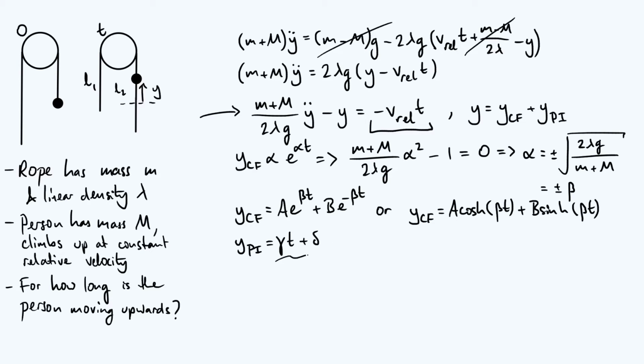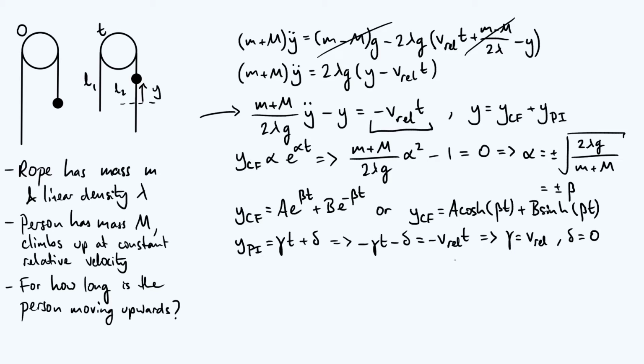So the second derivative of this is just 0, so the y double dot term doesn't contribute anything. Putting that back into your differential equation, you'll get minus gamma t minus delta, because you had a minus y on the left-hand side. That's supposed to be minus vrel t. And by comparing coefficients of t, you can conclude that gamma is simply vrel, and delta has to be 0 because there's no constant term in our forcing function.